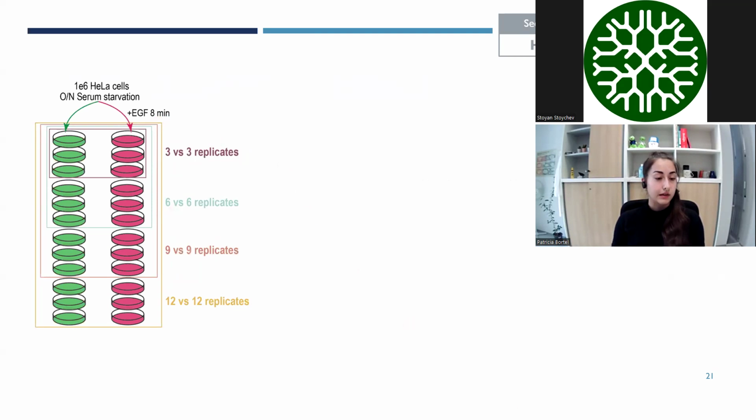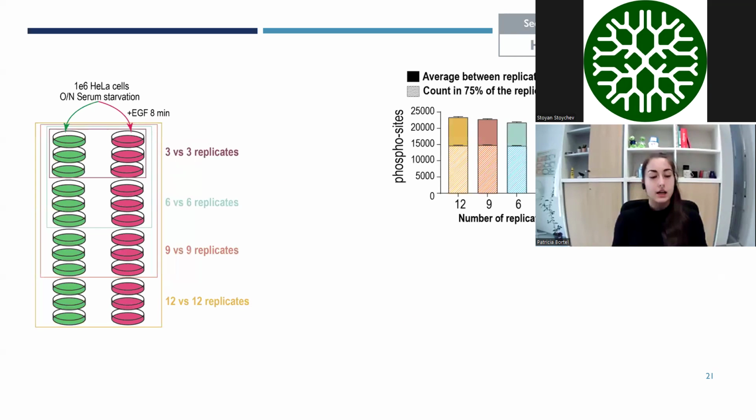So first, we evaluated the effect of the sample size here. In this regard, we searched the data from 3, 6, 9, or 12 replicates separately in Spectronaut to avoid a transfer of IDs. When looking at the average identifications between these replicates per cohort, you can see that the phosphopeptide identifications increase with an increasing number of replicates.